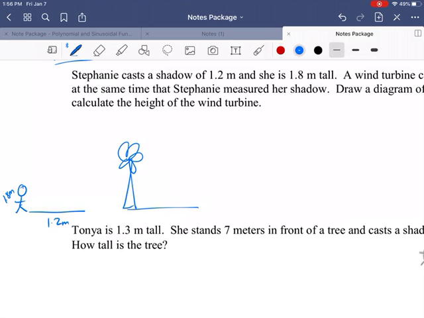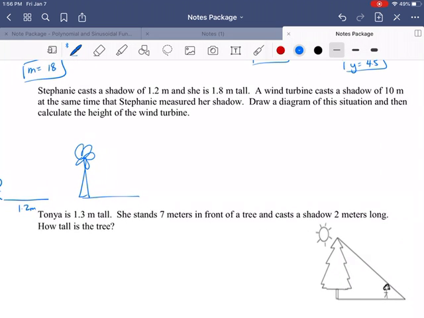So the turbine has a shadow of 10 meters, and we want to figure out its height. So start with its height over the corresponding side, which is Stephanie's height, so 1.8, and compare that to 10 over 1.2.